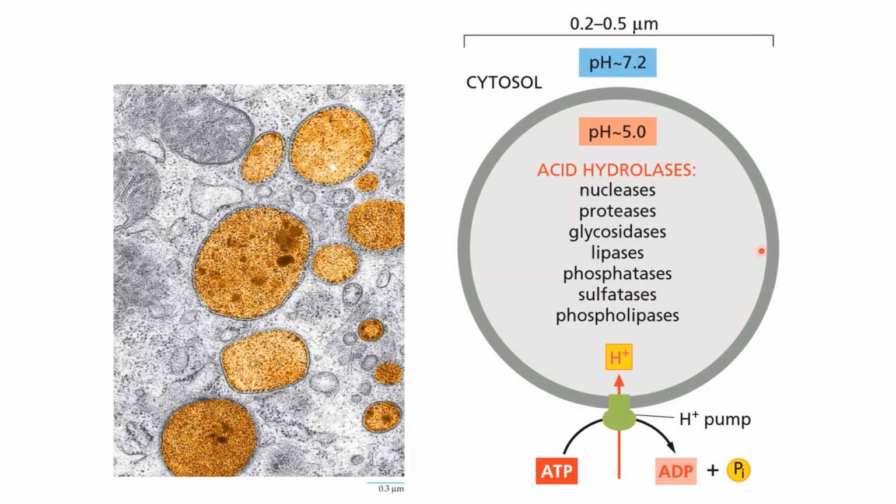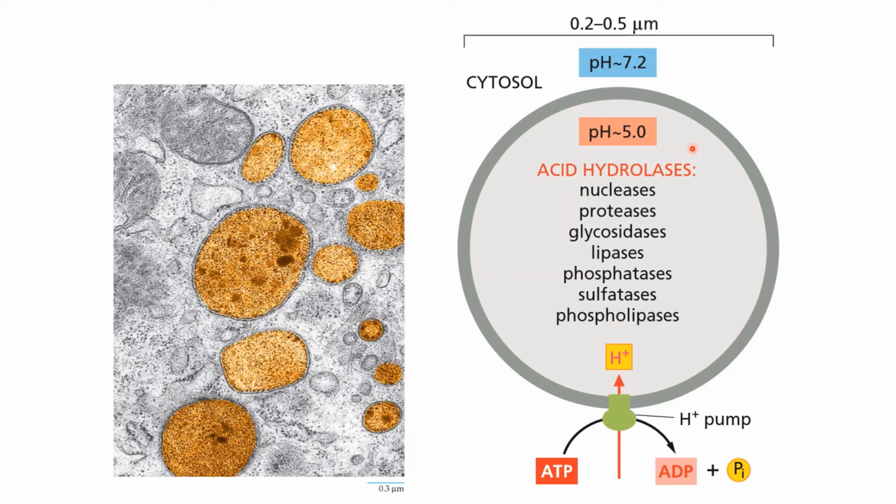Now, these enzymes only work in an acidic environment. So, the membrane of the lysosome actually contains a pump, an ATPase that pumps hydrogen ions or protons up their concentration gradient, meaning to say towards the inside of the lysosome.